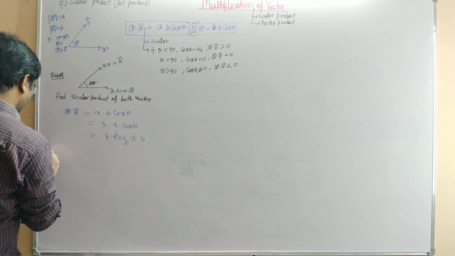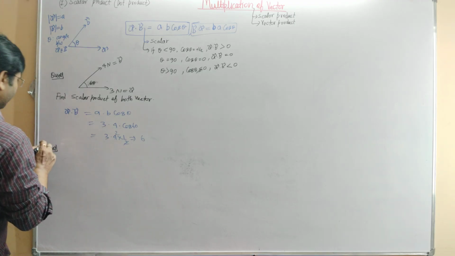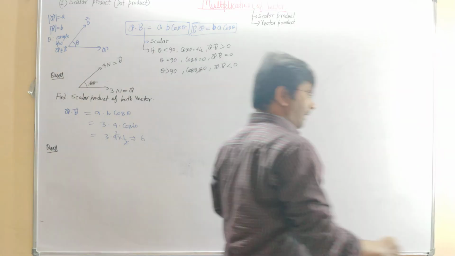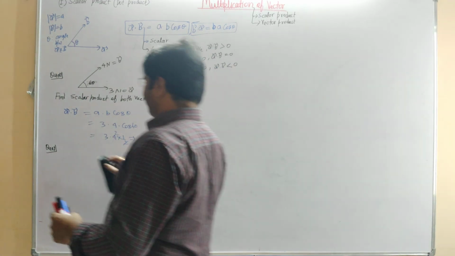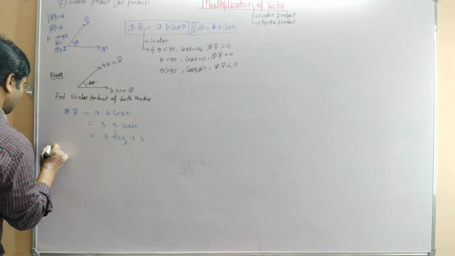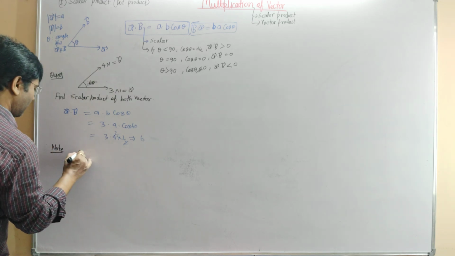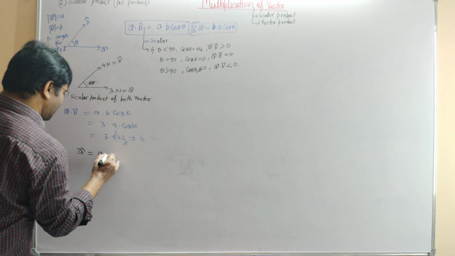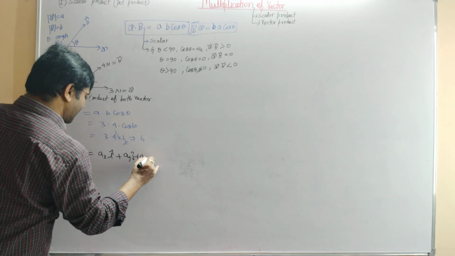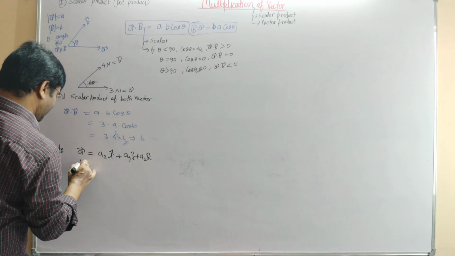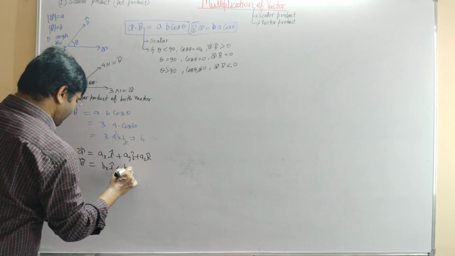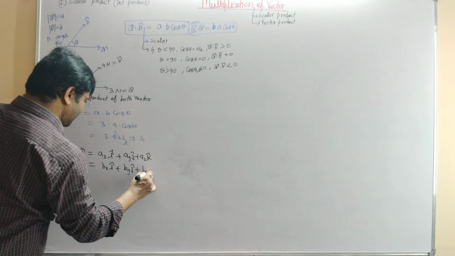Let's take another example, in general form. Let vector A be written in 3D form as ax i cap, ay j cap, az k cap. Another vector B is written as bx i cap, by j cap, bz k cap.